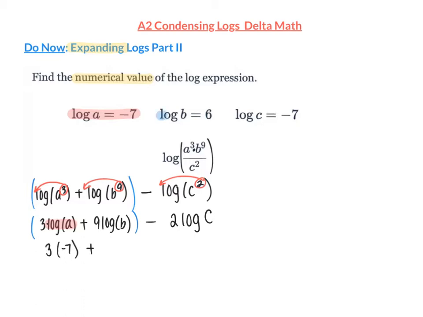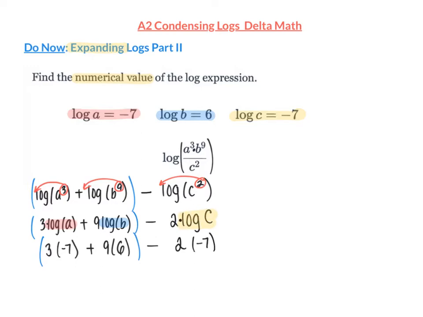We have log of B is 6. So everywhere I see a log of B, I'm going to put 6. So times 9 times 6. And then don't forget your big parentheses. And then minus 2. And then they tell you that log of C is -7. So this log of C here will get -7.